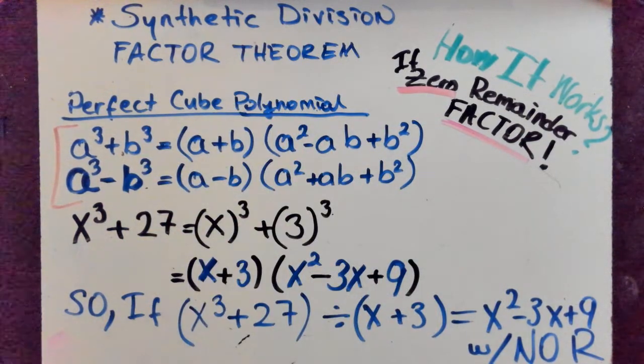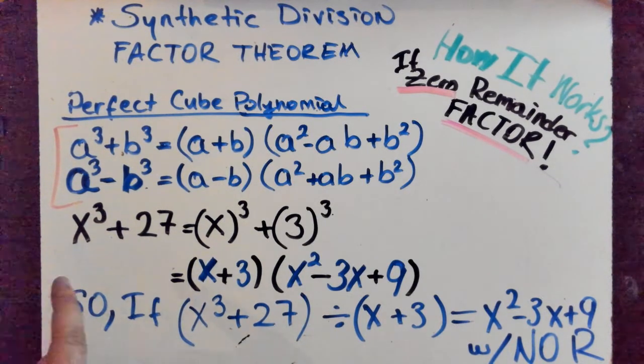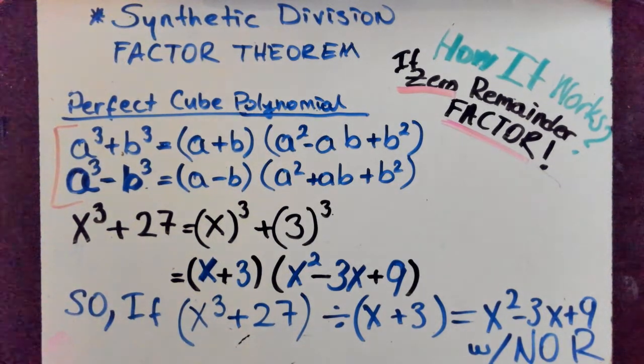So according to this, x plus 3 times x squared minus 3x plus 9 gives me x to the third power plus 27. We know this. So these two are factors of the sum of perfect cubes that I have over here, x cubed plus 27.